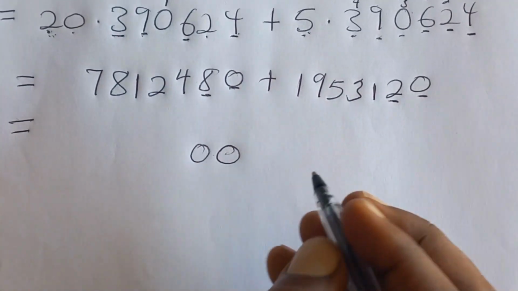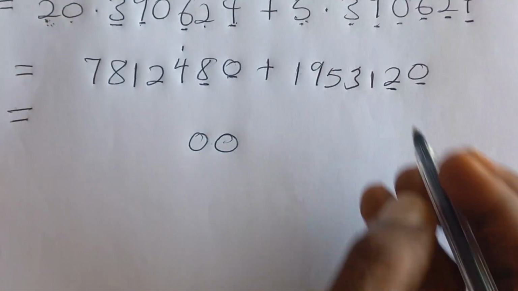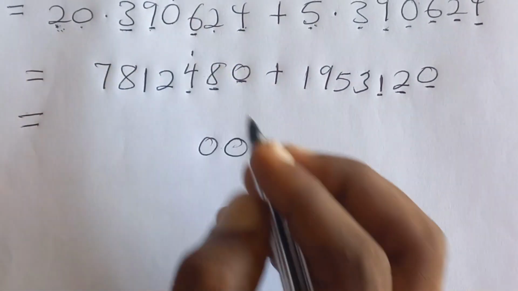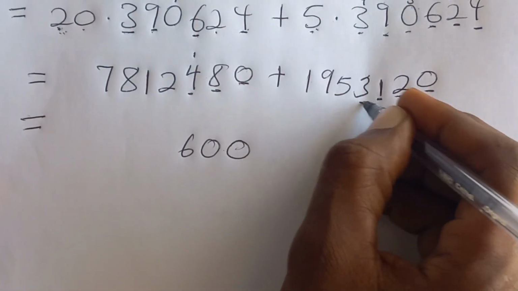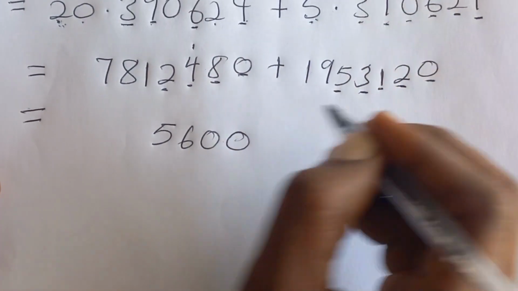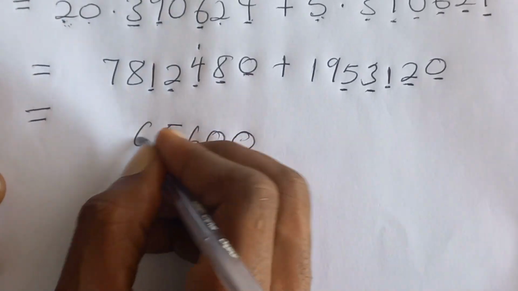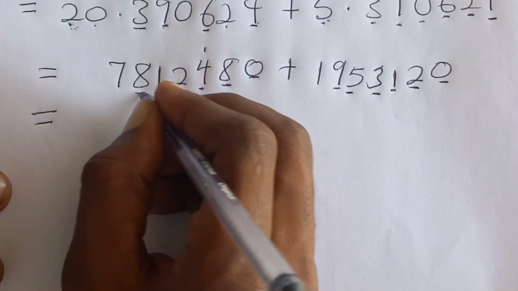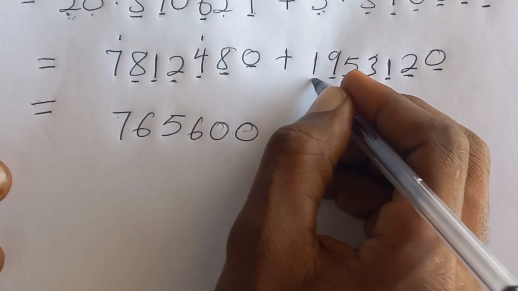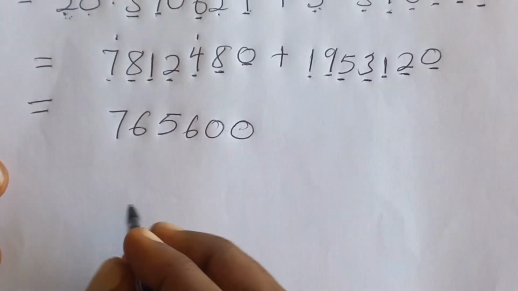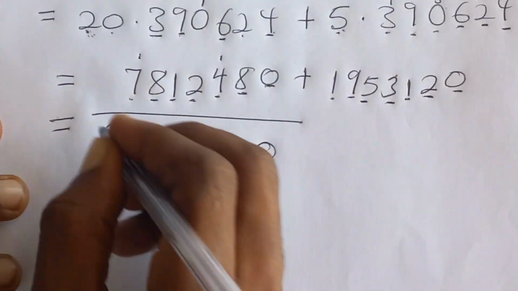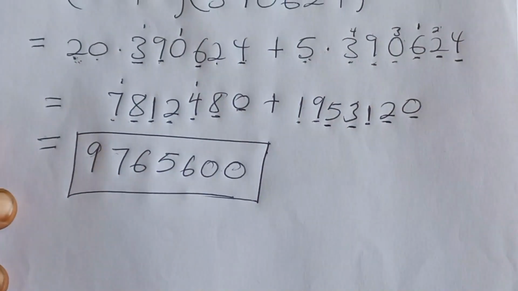So 0, remainder of 1. 1 plus 4 is 5 plus 1, which is 6. 3 plus 2 is 5. 5 plus 1, I'm getting 6. 9 plus 8 is 17. So 7, remainder of 1. 1 plus 7 is 8 plus 1, which is 9. So this is our answer for the question.